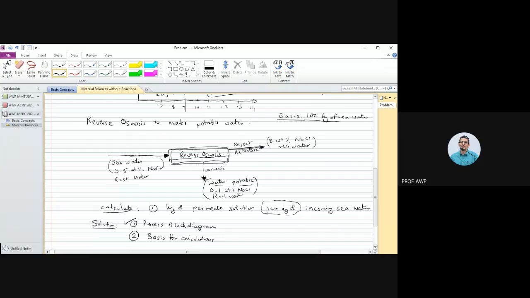I am just taking some other for the purpose of calculations. Okay, that is the second thing that we are going to do. The third thing that we are going to do is represent the information that is given in the problem, that is asked from the problem, in the form of tables.